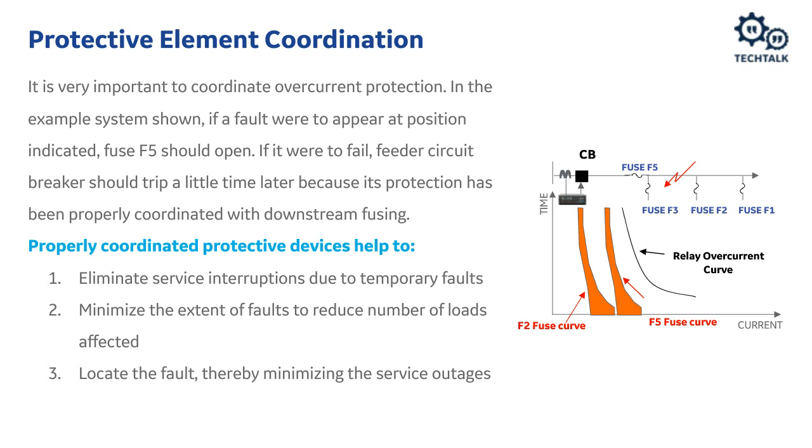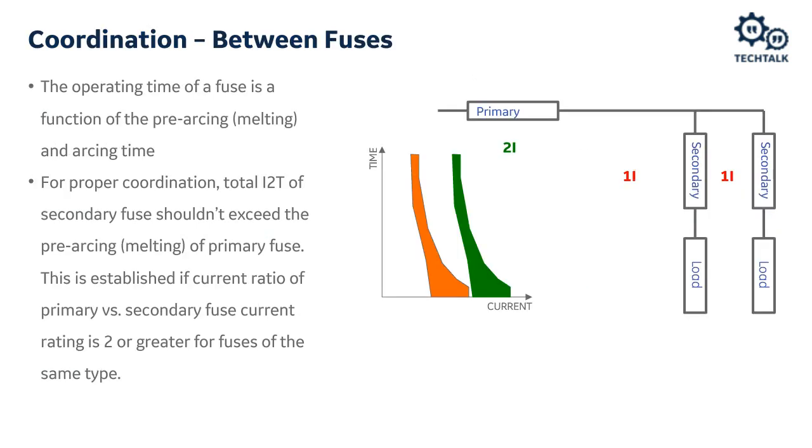When I say infringe, you can imagine if the minimum melt curve of the green curve overlapped with the total clear of the orange curve, then if I had a fault below the orange curve, I would probably trip both devices, because before I could totally clear the orange curve, I would get into the melt time of the green curve, and that would cause me to overtrip and trip more than I absolutely had to.